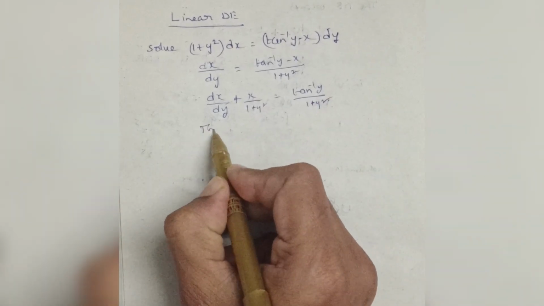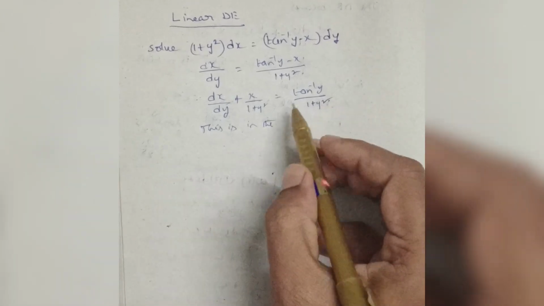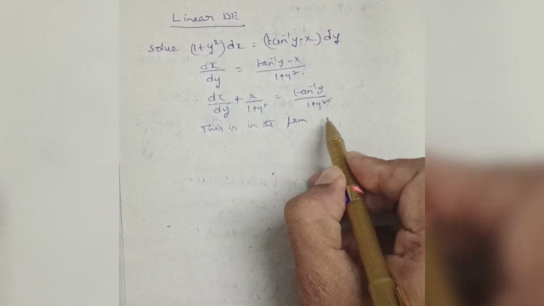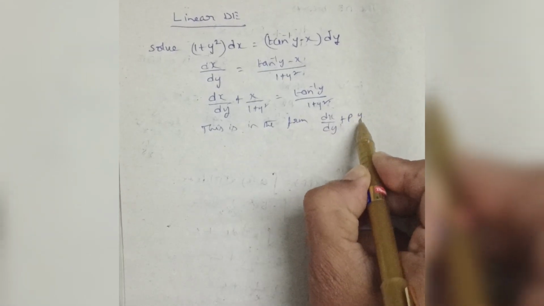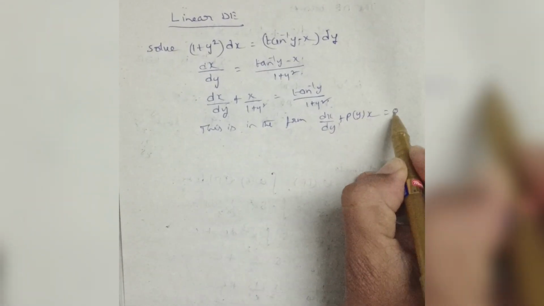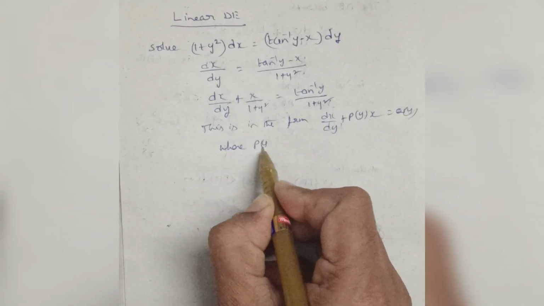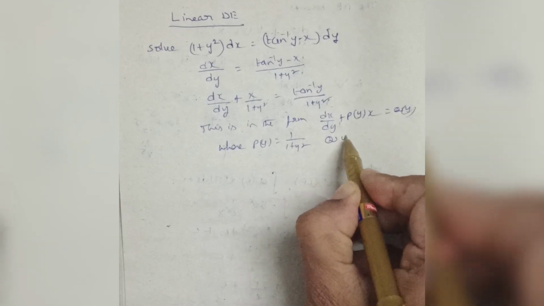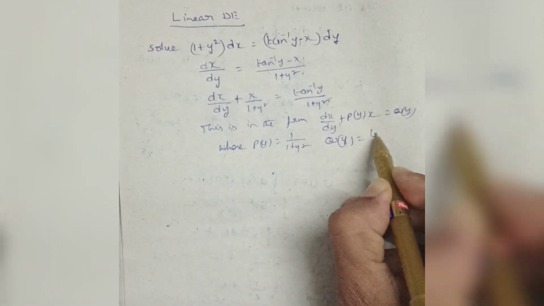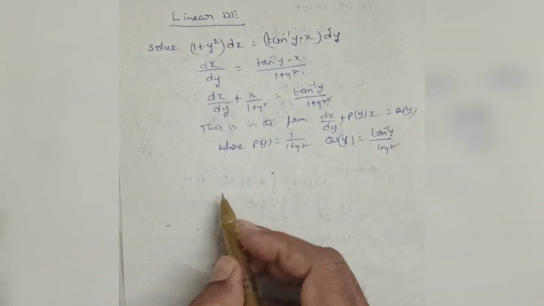So this is in the form dx by dy plus p of y x equal to q of y, where p of y function is 1 by 1 plus y square and q of y function is tan inverse y by 1 plus y square.